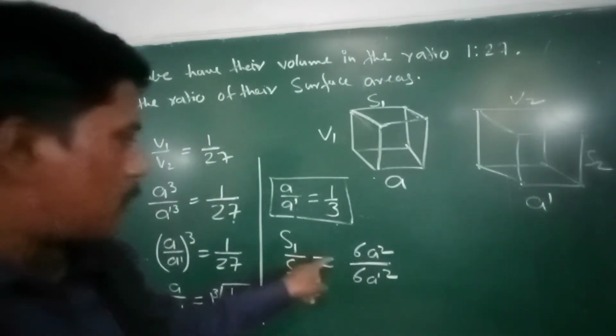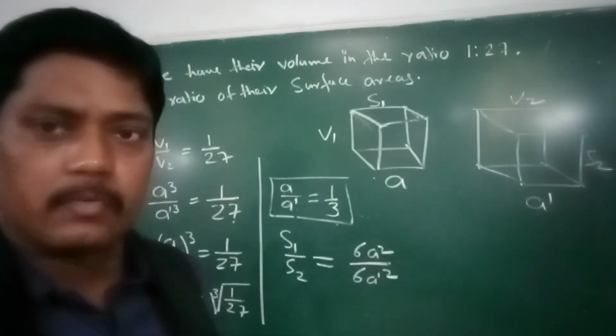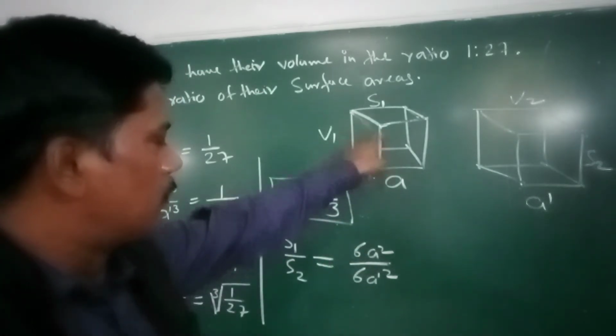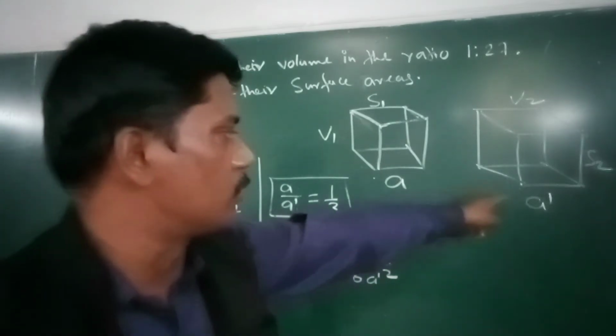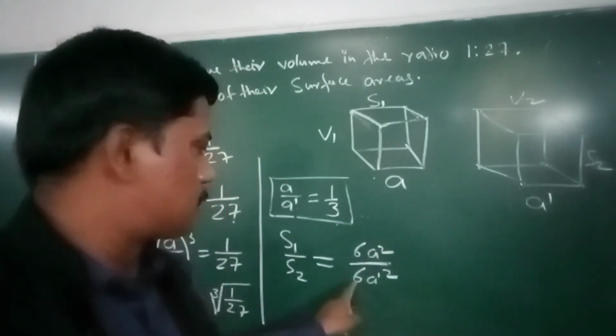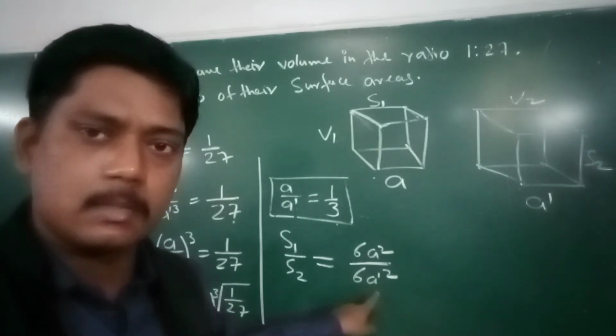We know the surface area of a cube is equal to 6 into side square. The first cube's side is A, so 6 into A square, and the second cube's side is A dash, so its surface area is 6 into A dash square.